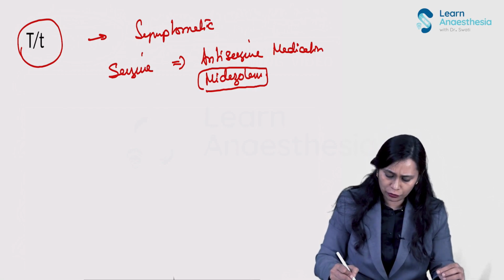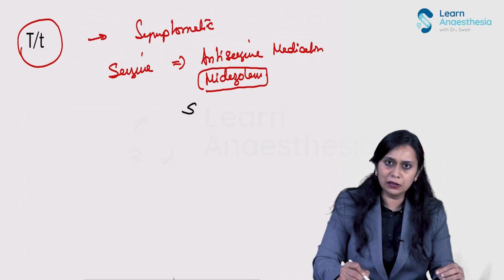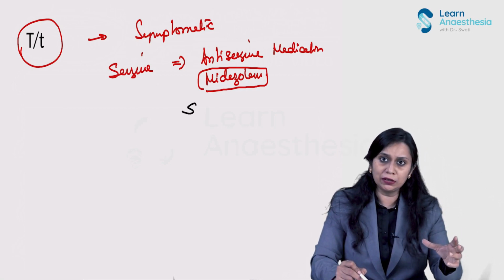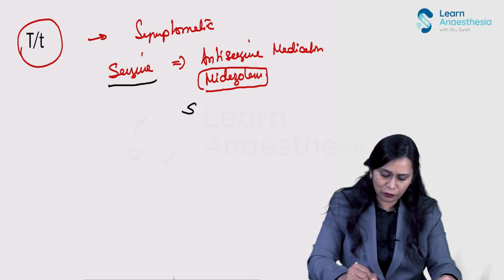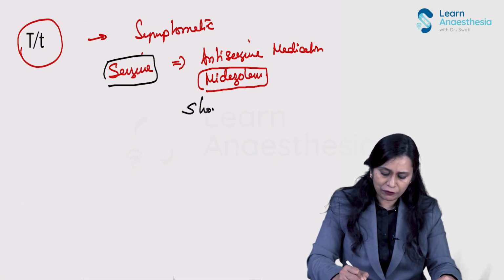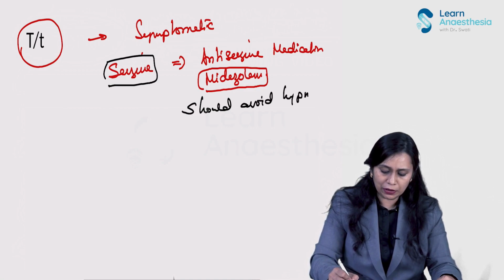We should not use propofol or any other hypnotics because they will cause more CNS depression. So, if we want to treat the seizure, we should avoid hypnotics like propofol.